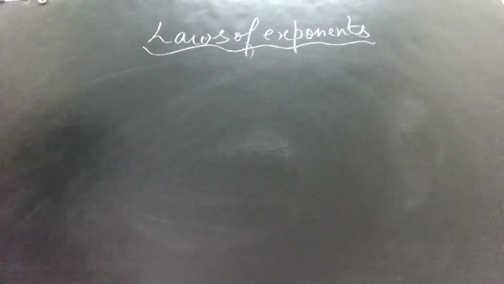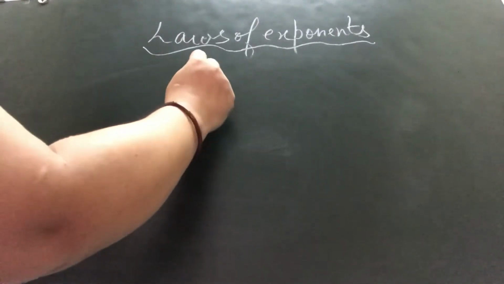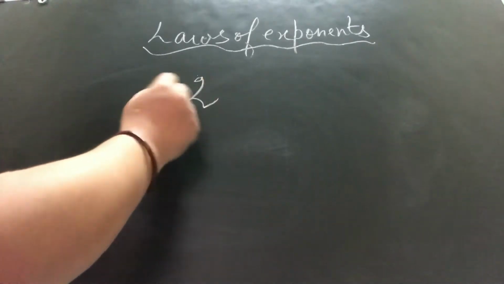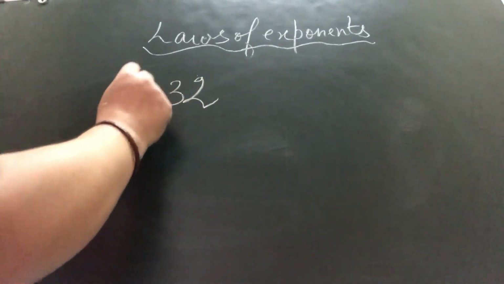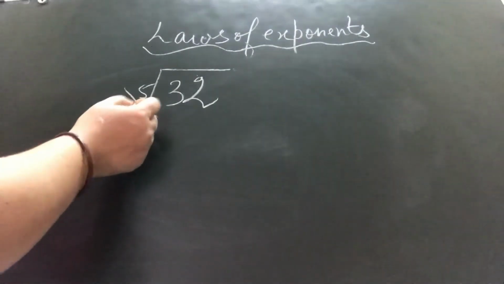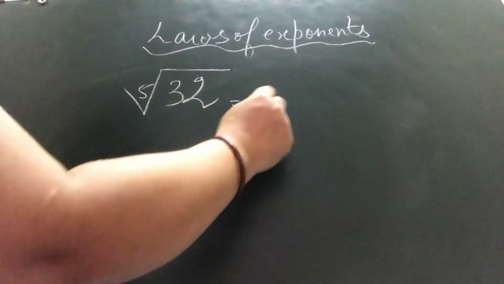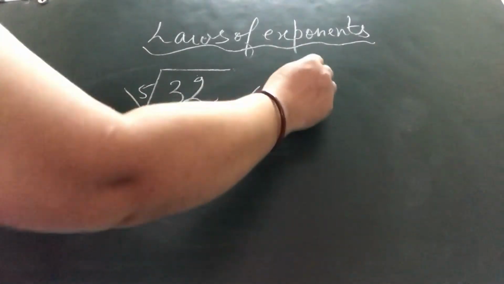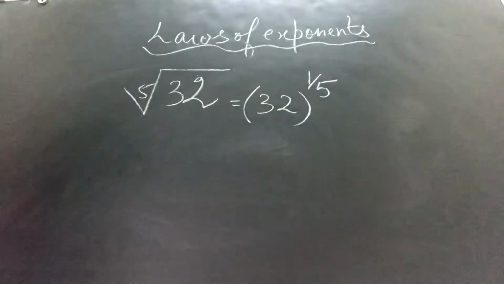Similarly, if we have question like fifth root of 32, you have to simplify this expression, right? So fifth order means if we want to remove this fifth order, we have 1 by 5 power, right?